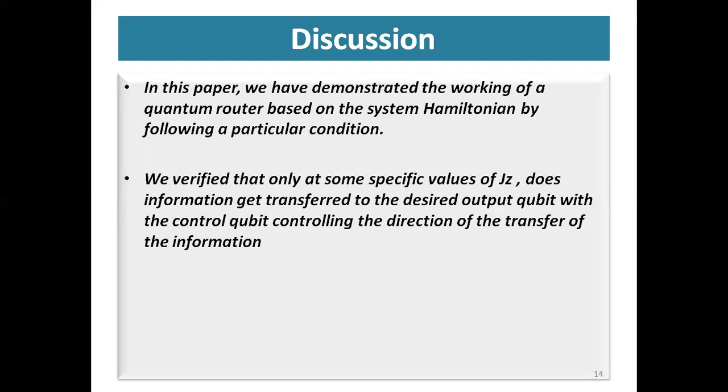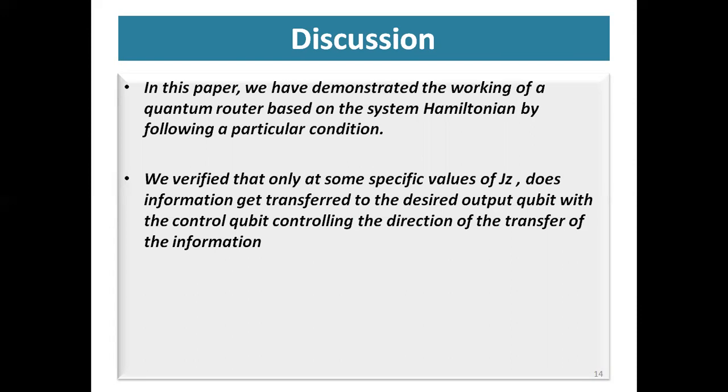So what we got from this work: we demonstrated the working of a quantum router based on the system Hamiltonian by following a particular condition. Summarizing the results, we verified that only at some specific values of JZ does information get transferred to the desired output qubit, and we verified that the control qubit actually controls the direction of transfer of the message from the input qubit to the desired output qubit.